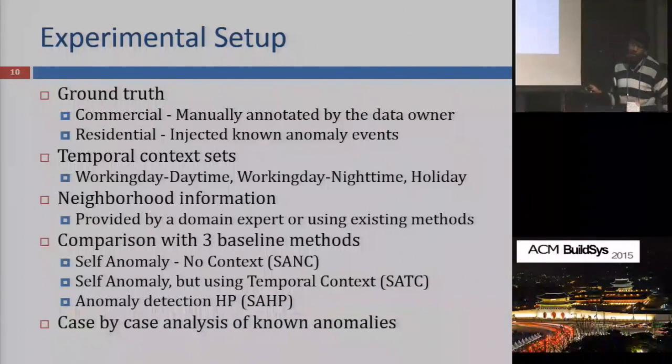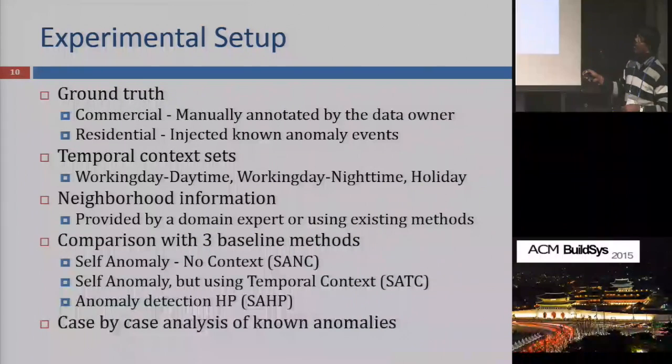One challenge with any anomaly detection method is collecting the ground truth information. It's very difficult and very expensive to collect all the fine-grained ground truth about the anomalies, or otherwise we need to synthetically inject some anomalies.